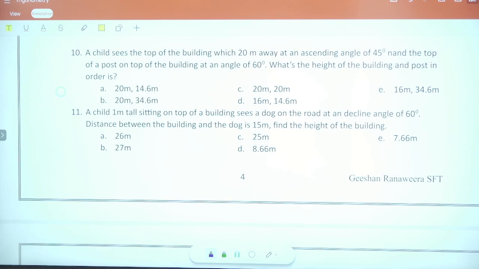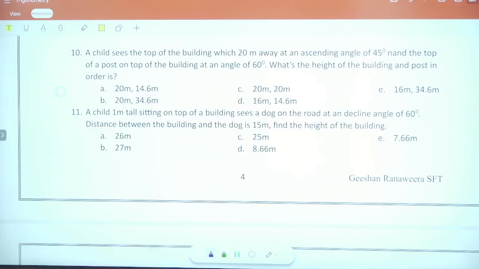You got a different equation there. This is x, this is y. So which did you put? Tan 45 equals x over 20, so x equals 20. Now that's the building, right? And this is a different equation, is it this one? Yes, tan 60 equals 20 plus y over 20.